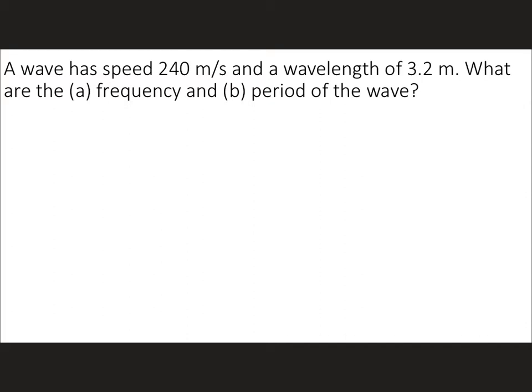So, wave's got this speed, it's got a wavelength. What's the frequency and period of the wave? So this is a kind of problem that is set up nicely to use that equation that I was saying was so super duper basic. All right?